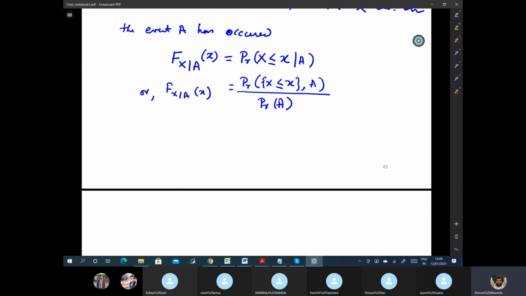That means the probability of X less than some small x conditioned on A is the joint probability of X less than small x comma A divided by probability of A. We are using the fact that probability of A given B equals probability of A comma B divided by probability of B. That is the same formula we are using here.